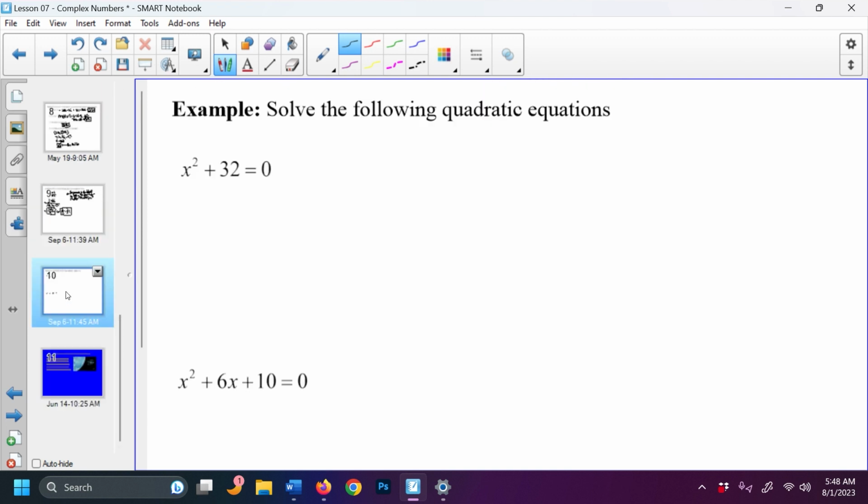Finally, let's solve the following quadratic equations. If I look at this one here, you'll notice that there is a quadratic term, x squared, and there is a constant term, 32. There is no linear term, so we're going to solve this by extracting square roots.